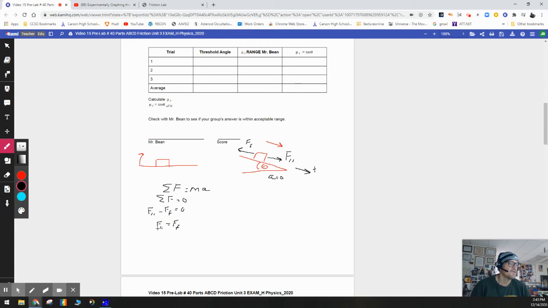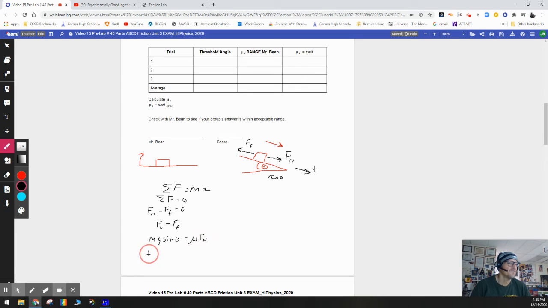The parallel force is going to be mg sine of theta, and that's going to equal the force of friction, which is mu times the normal force.